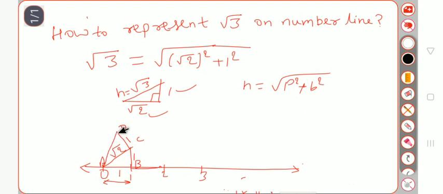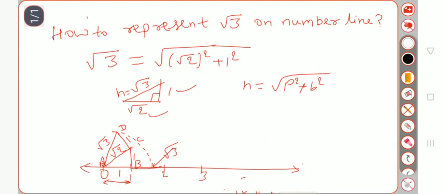It will be equal to root 3. So the length of AD is root 3. So now we have to put compass one end at A and pencil at D, and we have to draw a line like this. Yes, now this point will represent root 3.